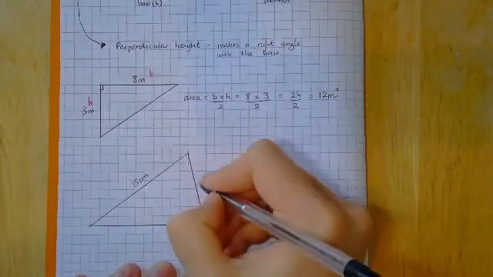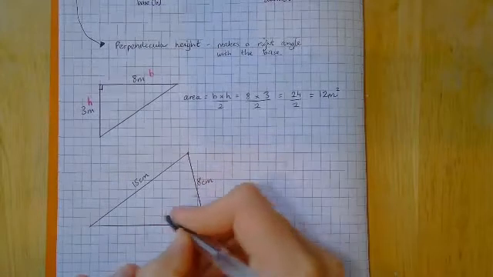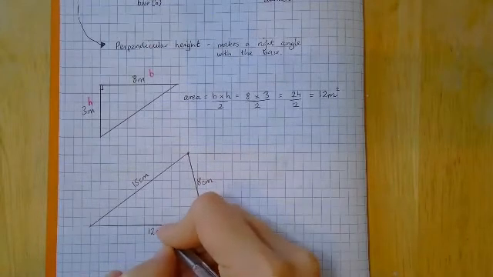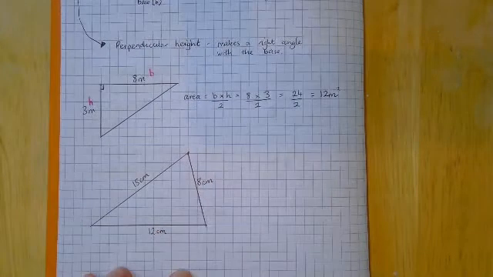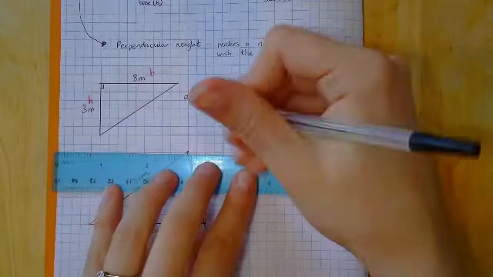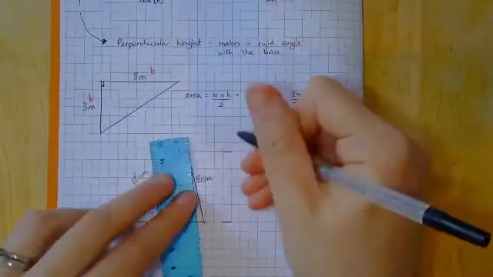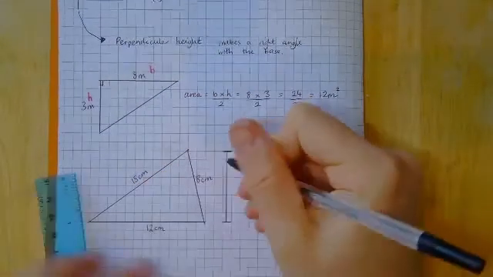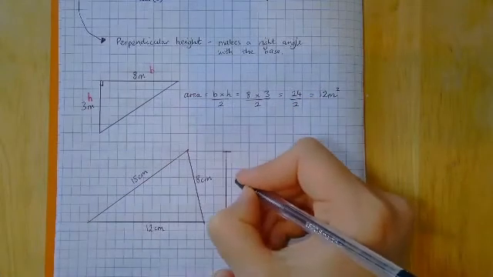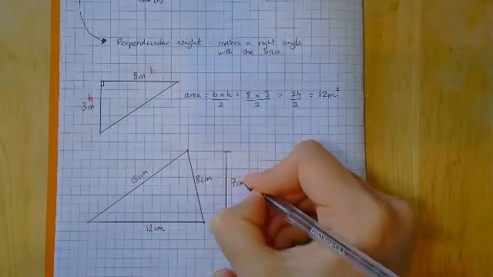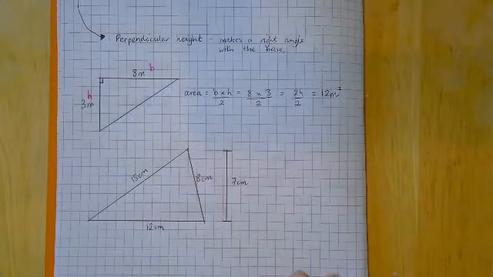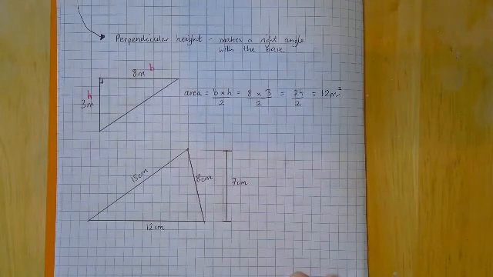So let's say that this is 15 centimetres, 8 centimetres, 12 centimetres, and let's say that this height here, so this is where it all gets a little bit strange, this height here is 7 centimetres. What a lot of numbers.